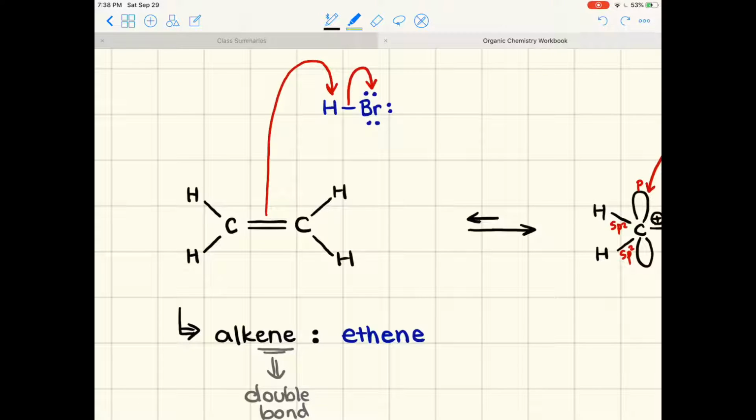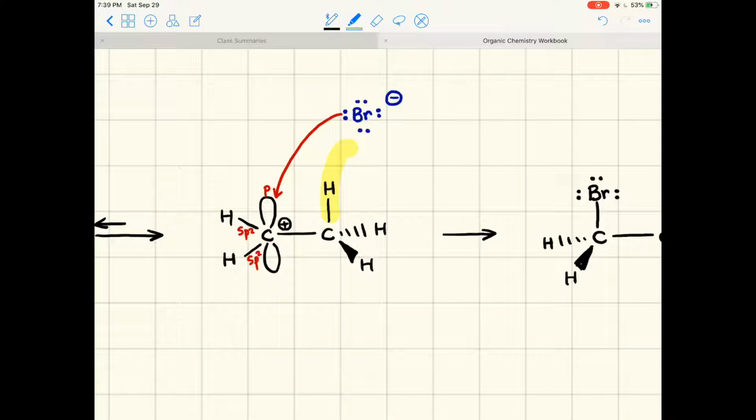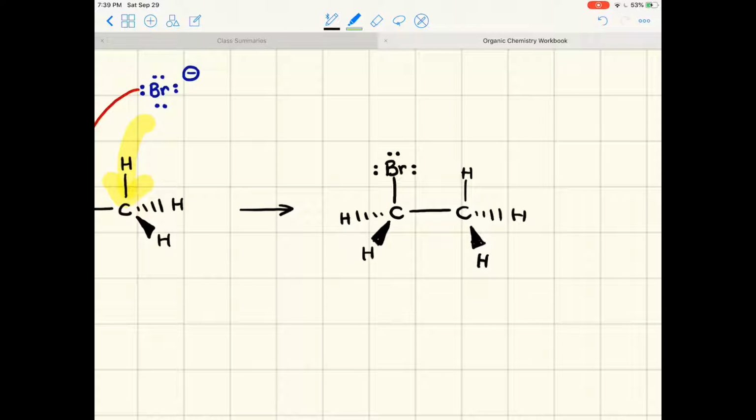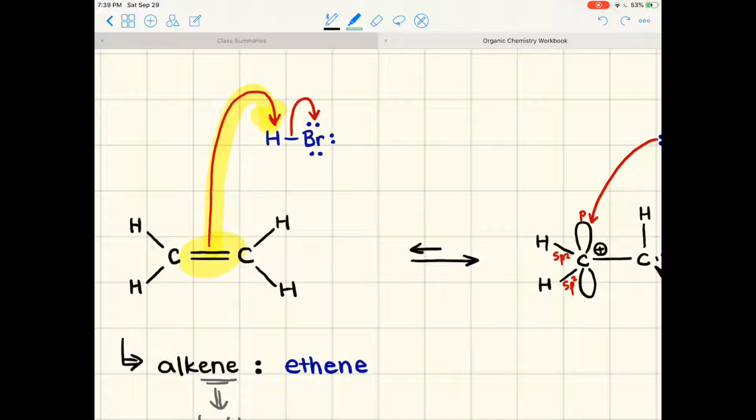So this electrophile started the reaction. It provided the electrons that made this hydrogen and bromine split into two, and therefore adding hydrogen to one carbon and bromine to the other. I'm not sure if that made the most sense, if I worded things correctly.